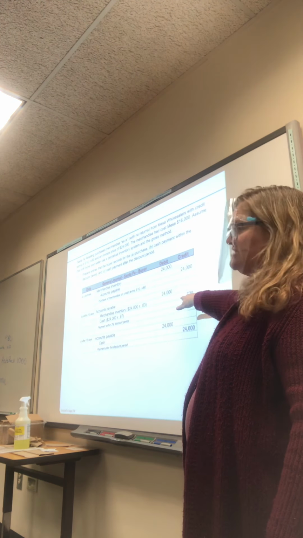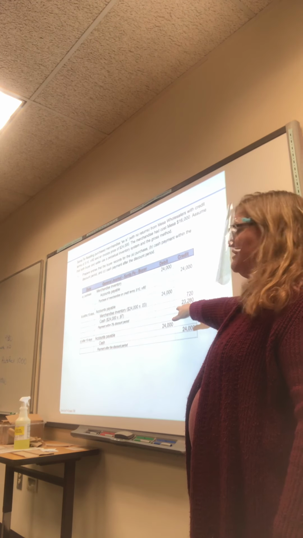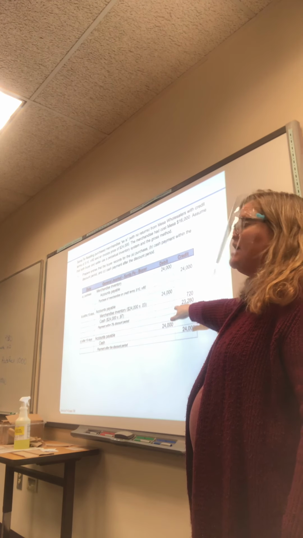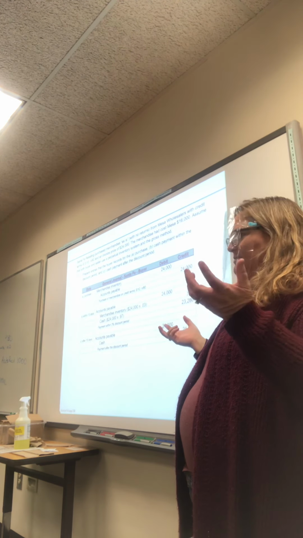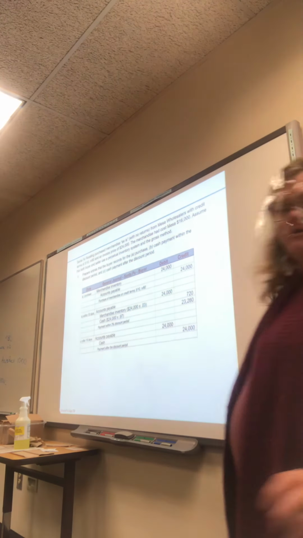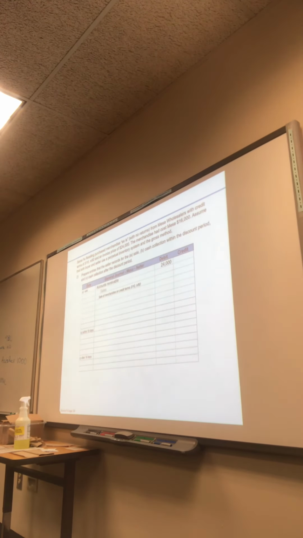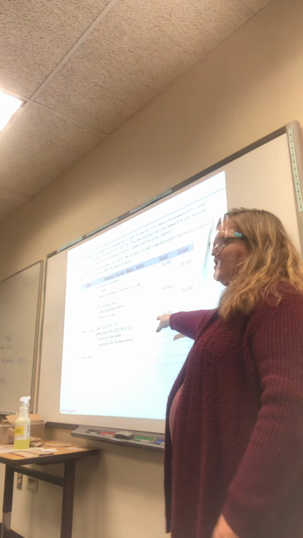Their discount, which they put in merchandise inventory, is $720, and the cash that they're paying is $23,280. When you have a problem like this and you're doing both sides, it should match up. They're paying the cash $23,280 as the buyer. The seller is receiving the cash, $23,280 as a seller, okay?